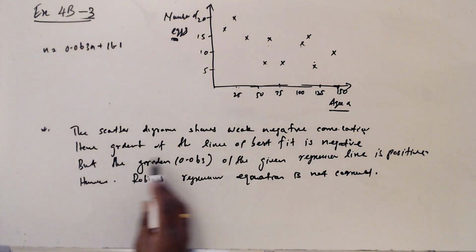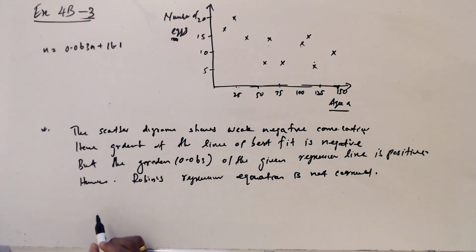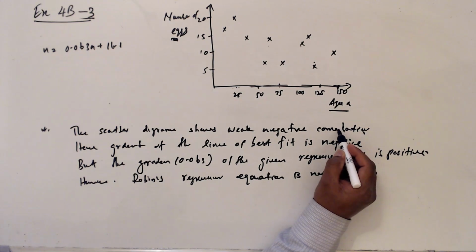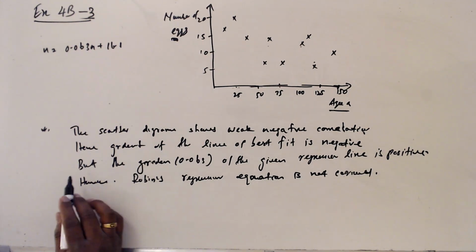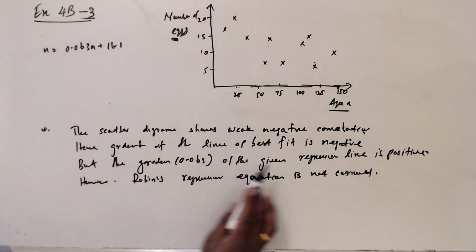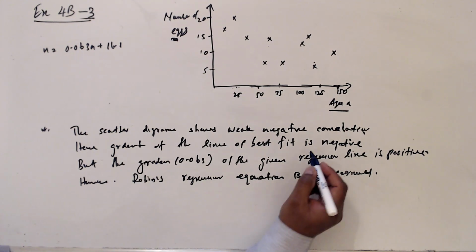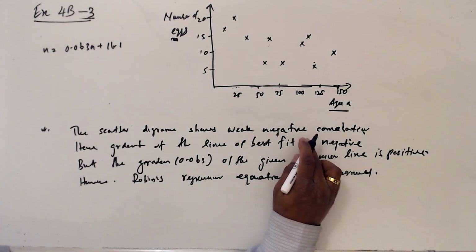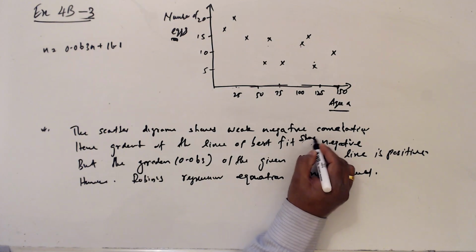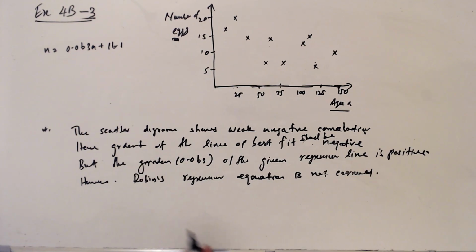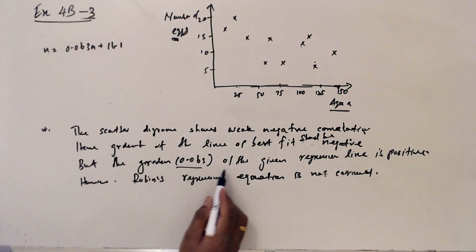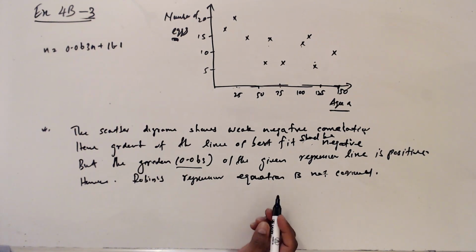The scatter diagram shows a weak negative correlation. Hence, the gradient of the line of best fit should be negative. But the gradient of the given regression line is positive.